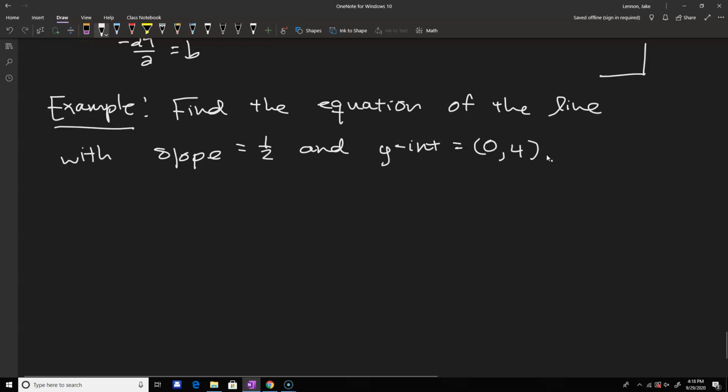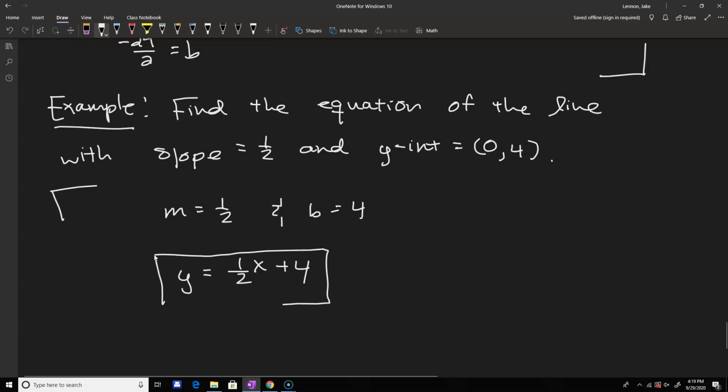So something like this is much easier than the previous problems we've been doing. We know m is equal to 1/2 and b is equal to 4. So in this case we can just go directly to the answer, y equals 1/2 x plus 4. And we've already finished the problem. So when they give you the slope and the y-intercept directly, there's really nothing more to do.